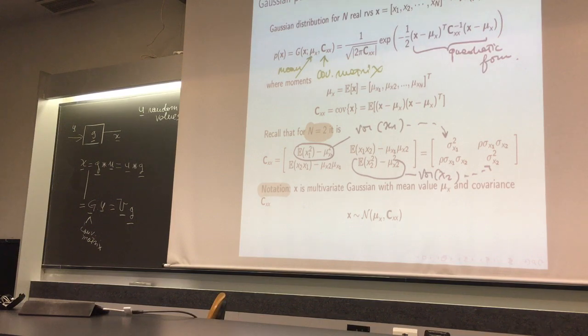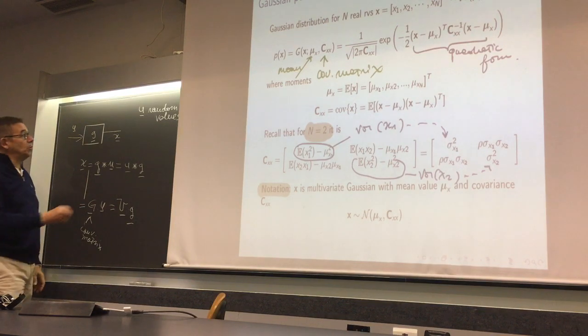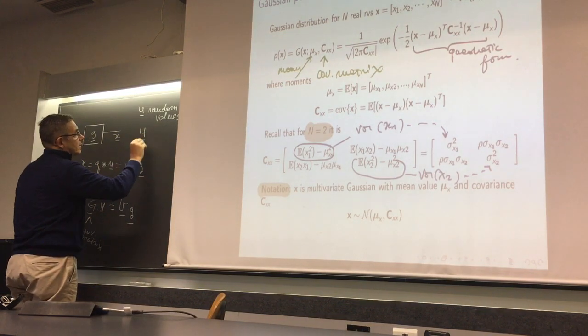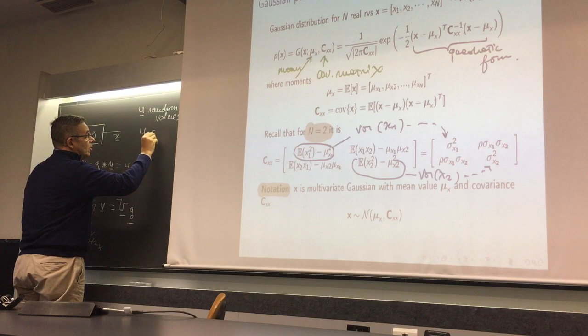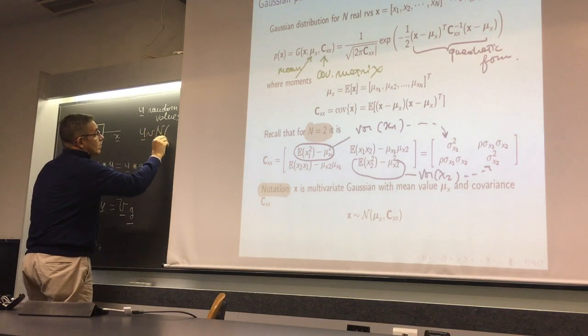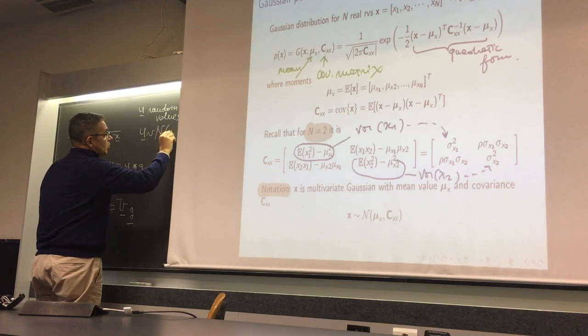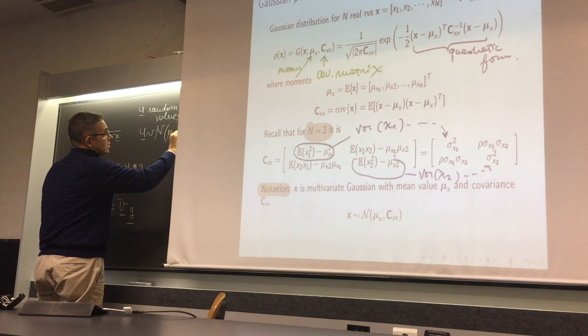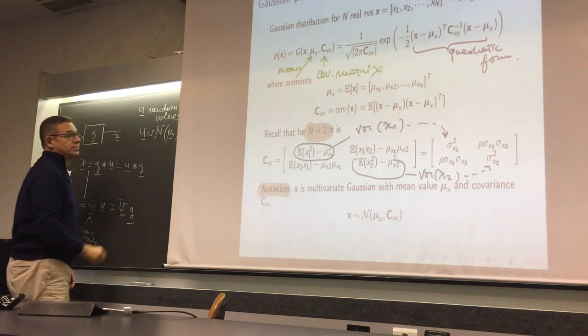Then my goal is that I want to manipulate my data such that I find the properties of X. So let's assume, for instance, that U is random with a mean that is mu U and the covariance that is C_U.